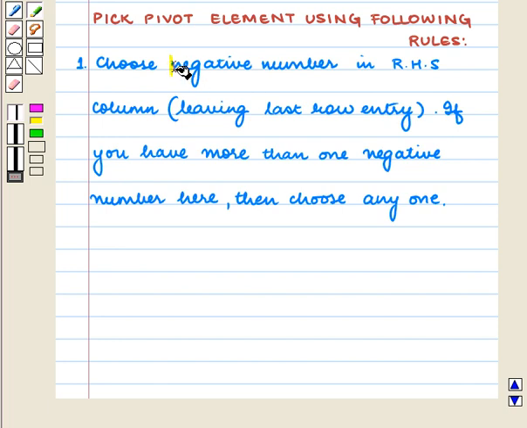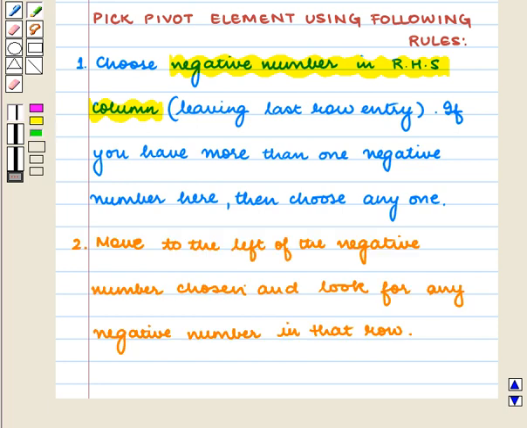First, choose a negative number in the RHS column, leaving the last row entry. If you have more than one negative number here, then choose any one. Now, move to the left of the negative number chosen and look for any negative number in that row.